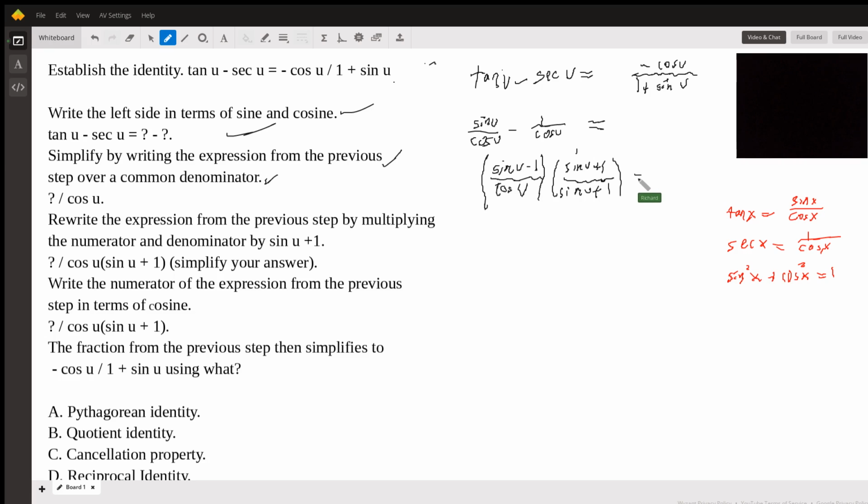Now, I'll just put an equals here. Okay, so we did that. And now we're on simplifying the answer. So we're going to simplify by distributing here.